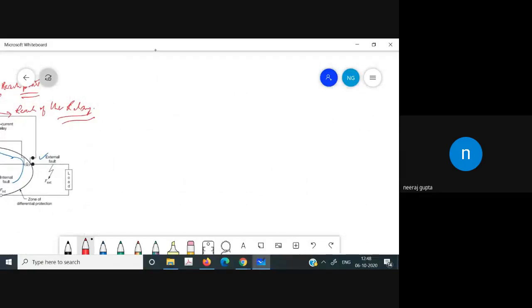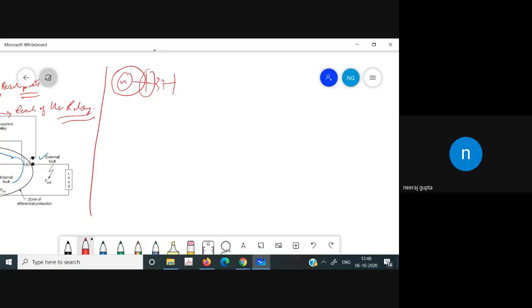Now, one more point: in a protection system, there is not a clearly marked area of protection. Let's suppose we have the generator protection, and after that we have the bus bar or the transformer protection. There is not a crisp boundary between the two protective systems.